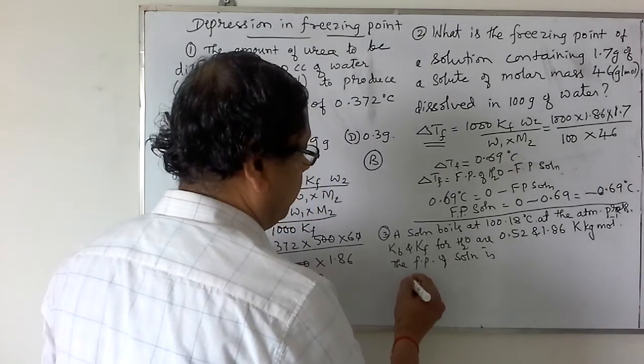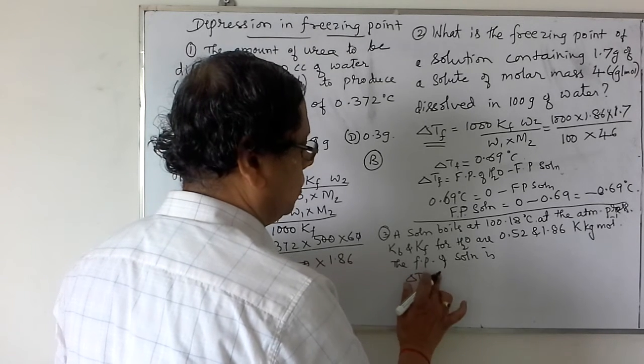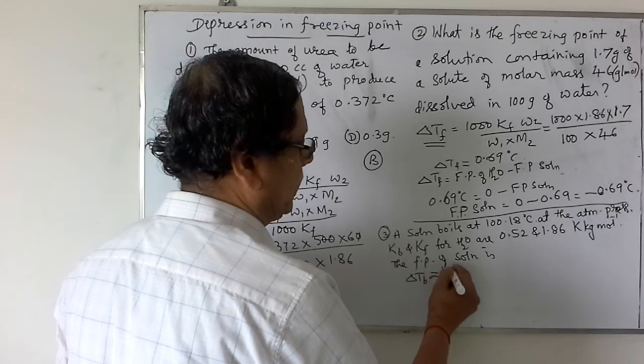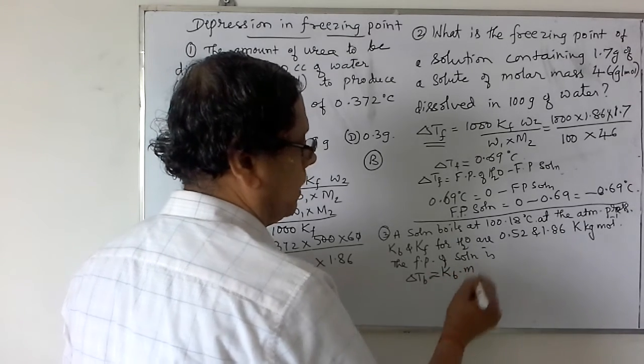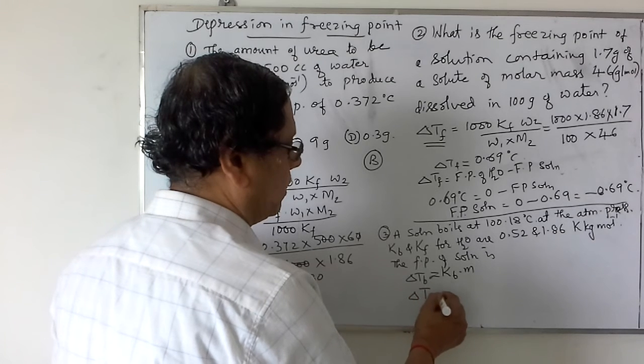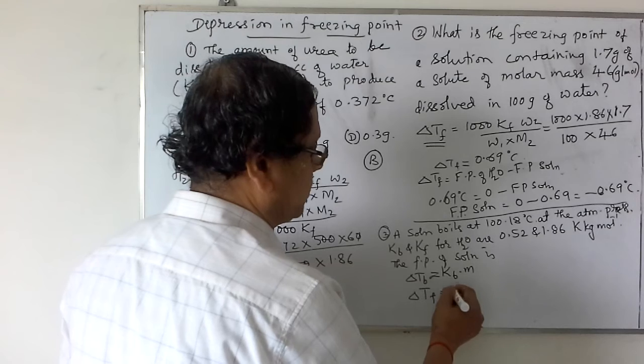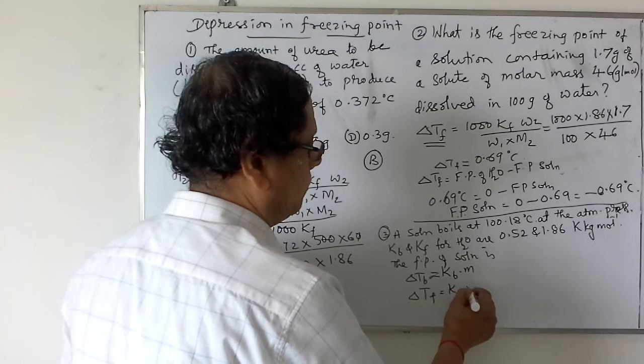So here we have delta Tb is equal to Kb into molality. Similarly, delta Tf is equal to Kf into molality.